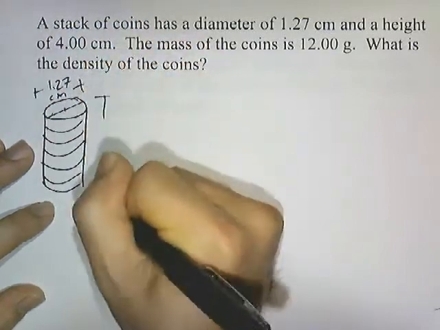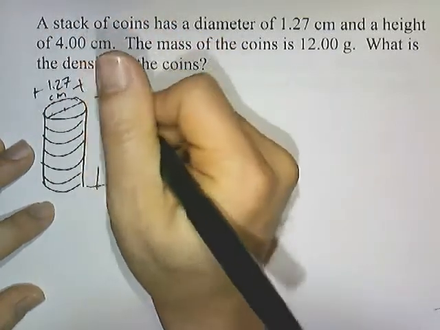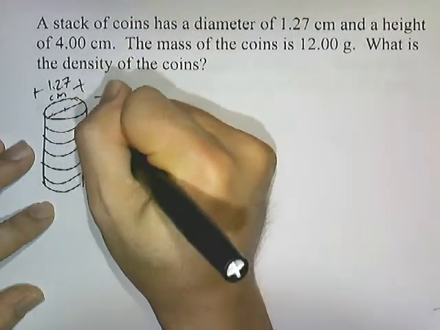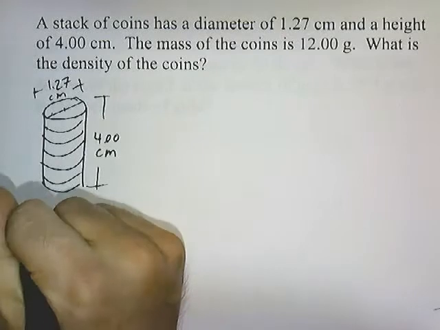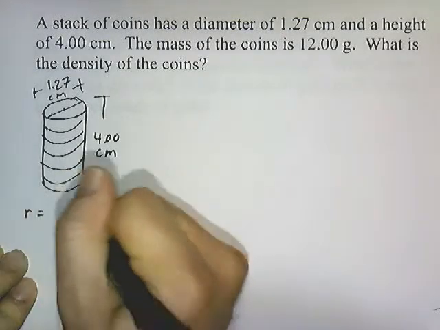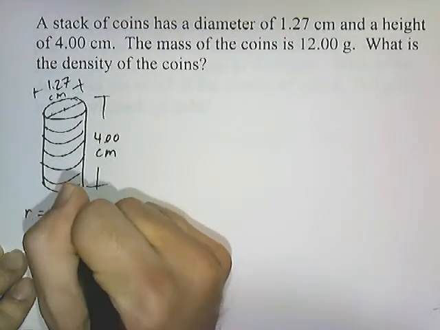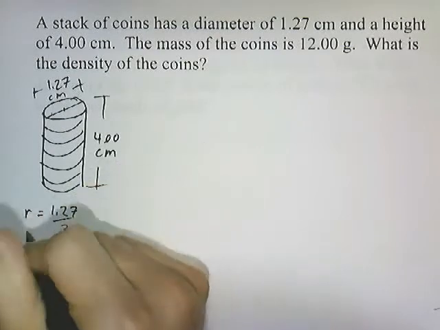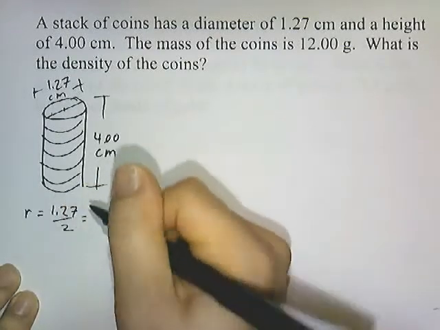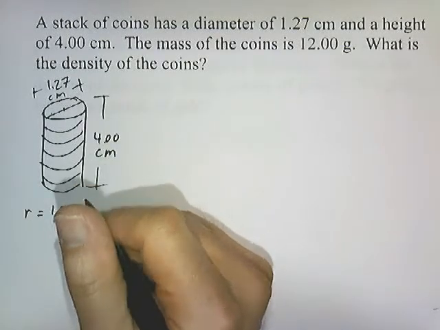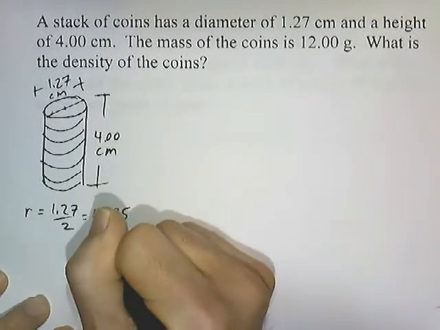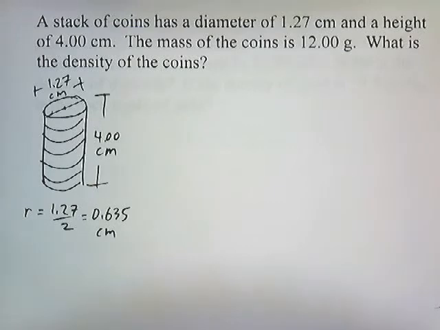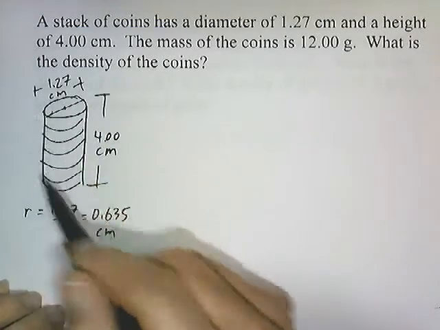And then the height is going to be 4 centimeters. If this is the diameter, then the radius r is going to be 1.27 divided by 2. And that gives me a radius of 0.635 centimeters.